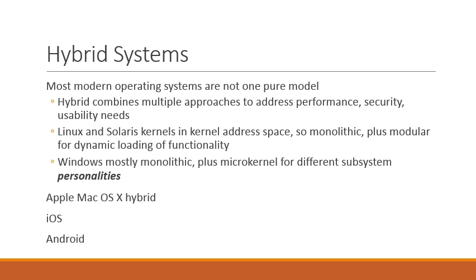Other examples of the hybrid operating system include Apple Mac OS X, iOS operating system, and Android operating system. The last two of these operating systems are used on cell phone devices.